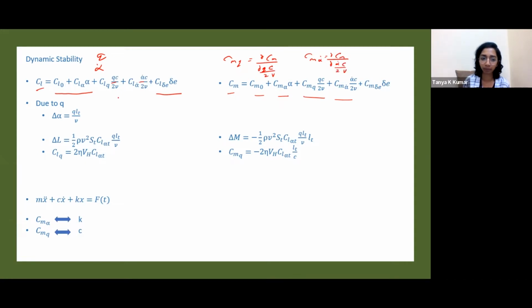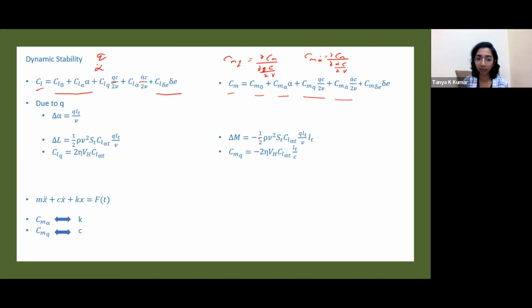Similarly for CL. Now, what happens when you have a pitch rate? When you have a pitch rate, there is a change in the angle of attack at the tail, which is approximately equal to Q lt by V. lt is the moment arm, Q is the pitch rate, V is the velocity. This generates an additional lift delta L, which produces an additional moment, this one.